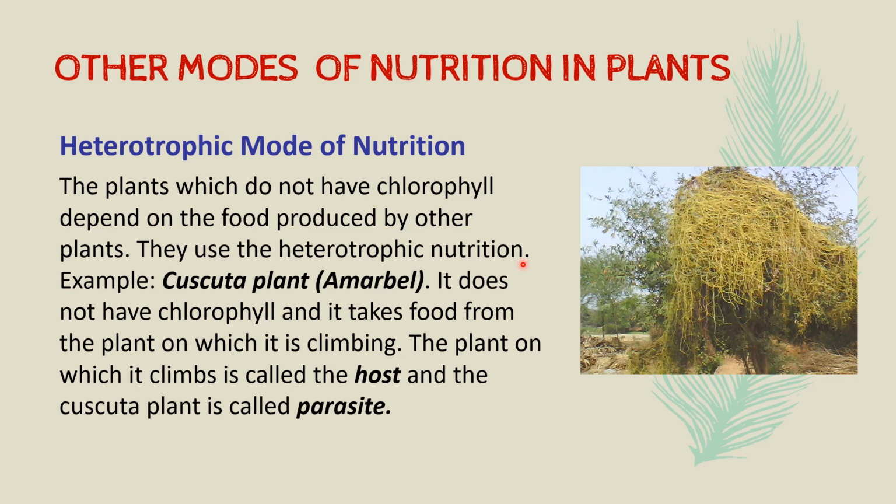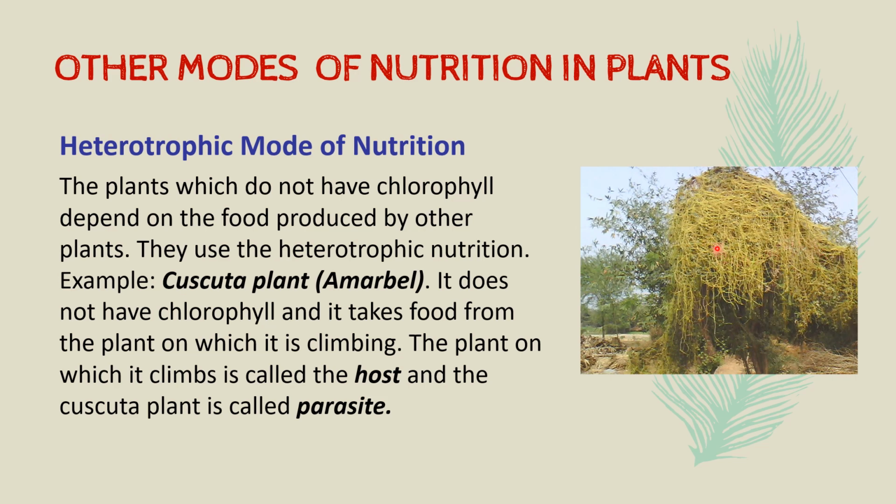Is that clear to all of you? I will tell one example also, that you can see in the picture. It is called Cuscuta plant or amarbel. Maybe you have seen such a plant, or you can ask your parents; they may have seen it and can explain more.